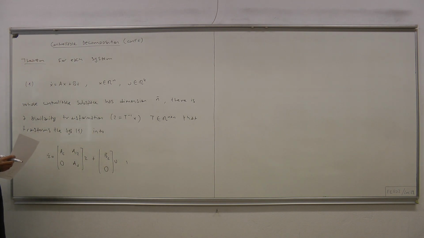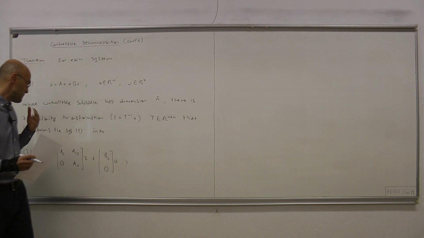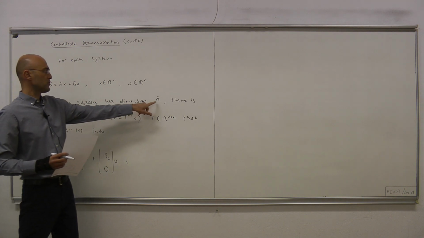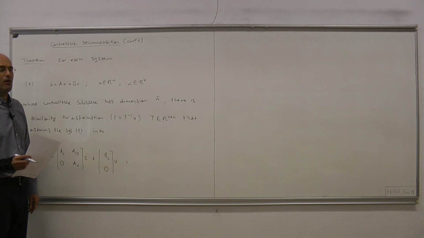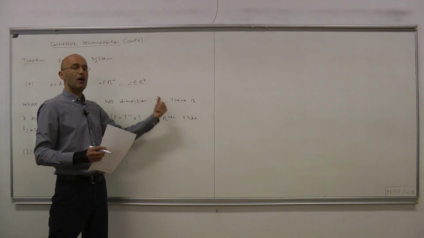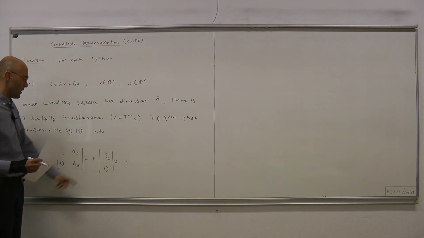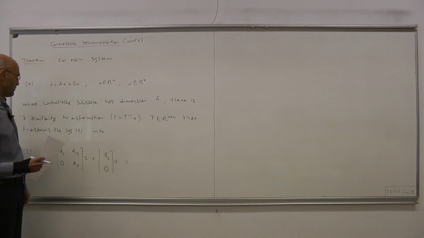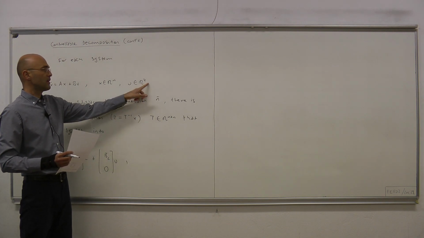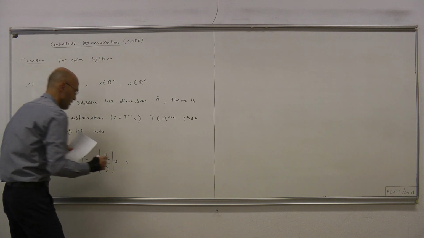Now, as for the dimensions of these submatrices, AC is a square matrix of size n bar by n bar, and AU is a square matrix of size n minus n bar by n minus n bar. And BC is a matrix of size n bar by k.